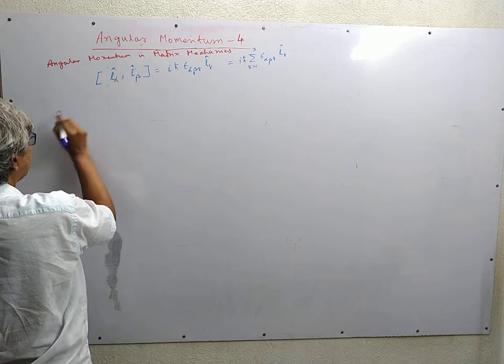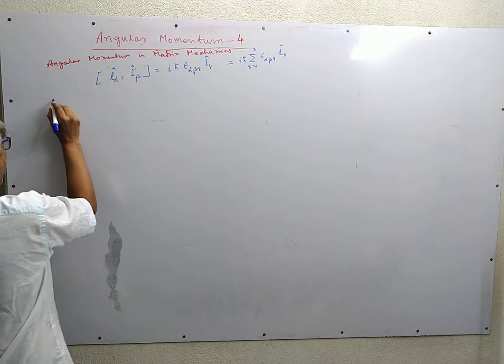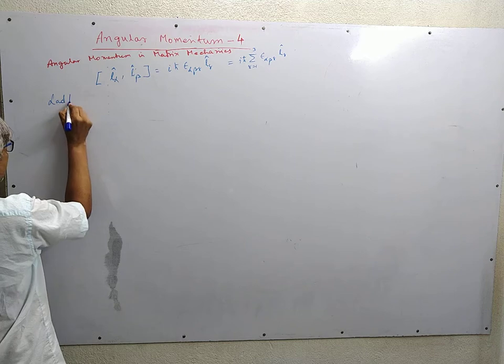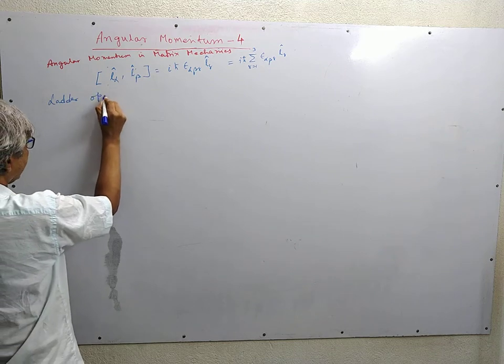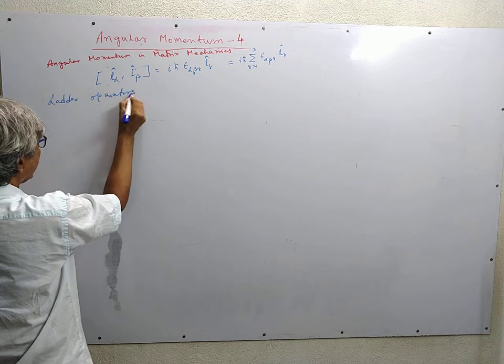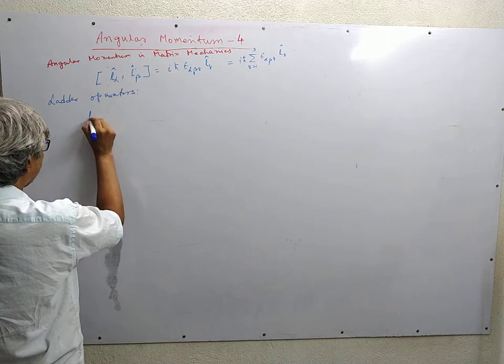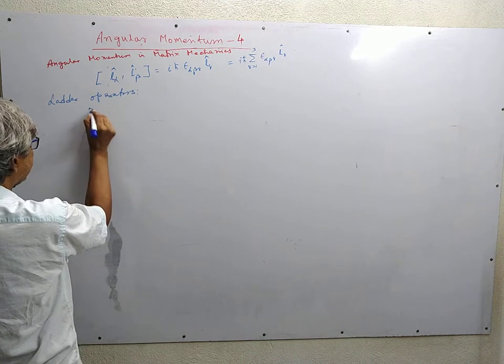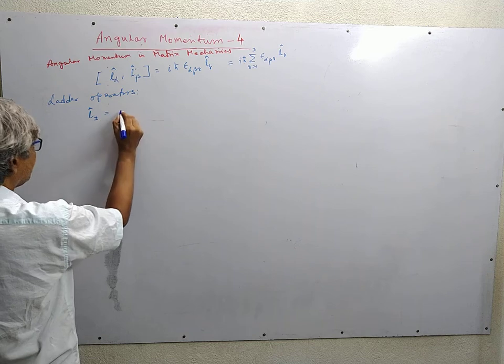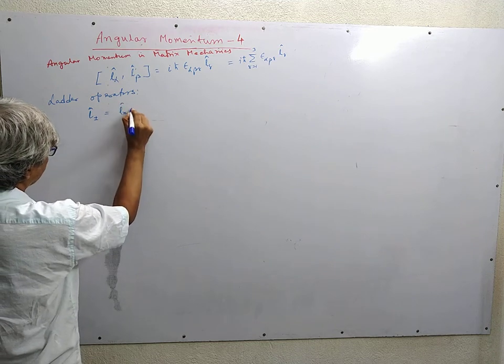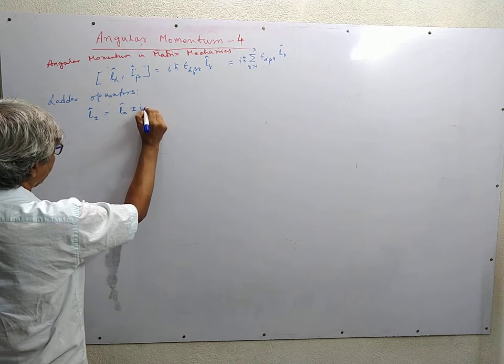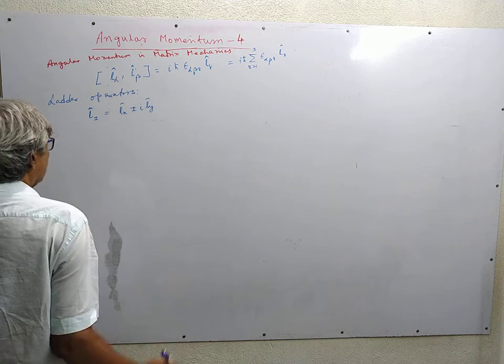Now, to start with, we used ladder operators for angular momentum, which are defined as L± = Lx ± iLy.